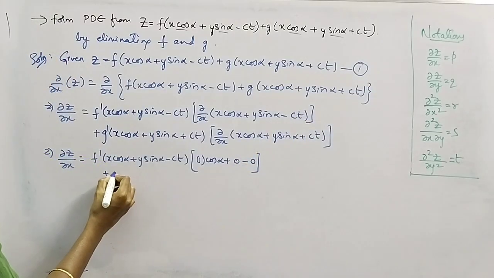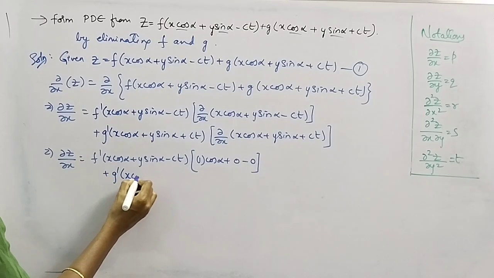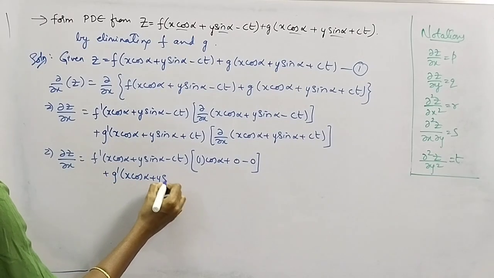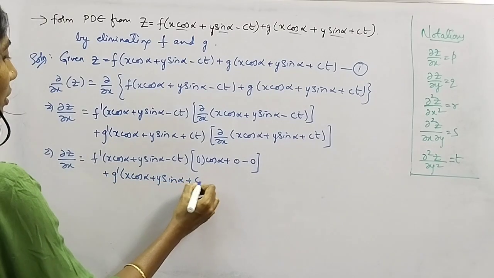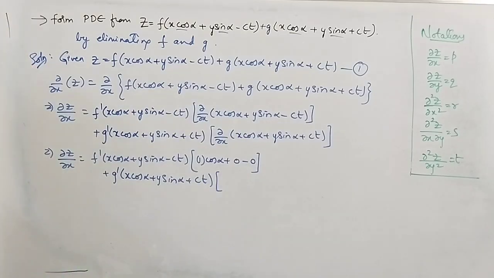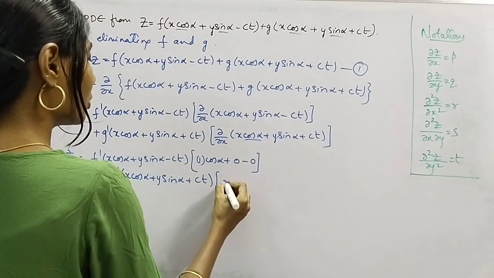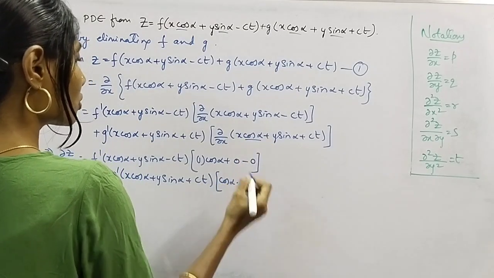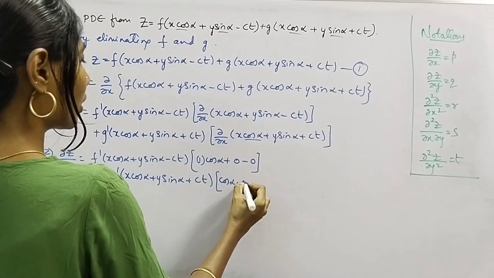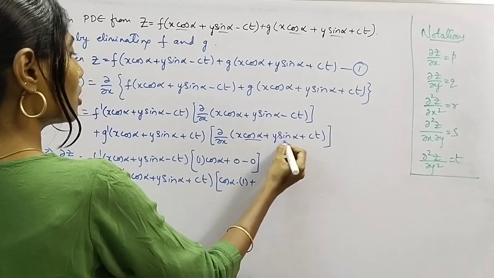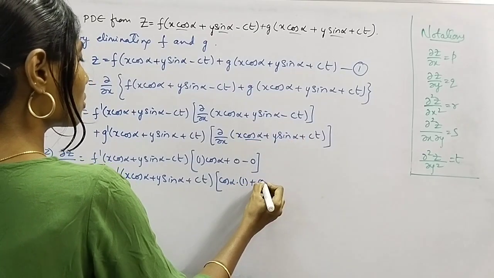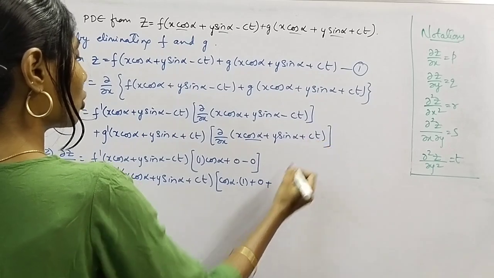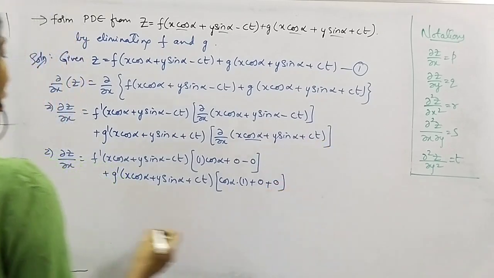Plus g dash of x cos alpha plus y sin alpha plus ct into the partial derivative: cos alpha, which is constant, into the partial derivative of x with respect to x, which is 1, plus the partial derivative of a constant with respect to x, which is 0, plus the partial derivative of a constant with respect to x, which is 0. Right?